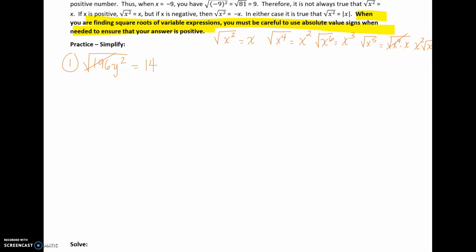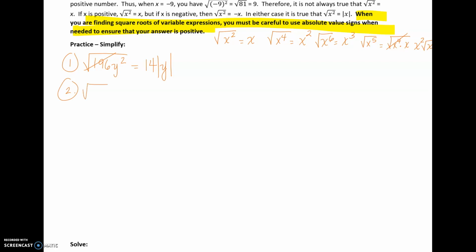Now, we know y squared is a perfect square, it's y. When you take the square root of your exponents and the result has an odd exponent, you have to put it in absolute value, because we don't know if that is going to be a positive or negative number, so we have to give it absolute value. If you take the square root and it's an even exponent, no absolute value.